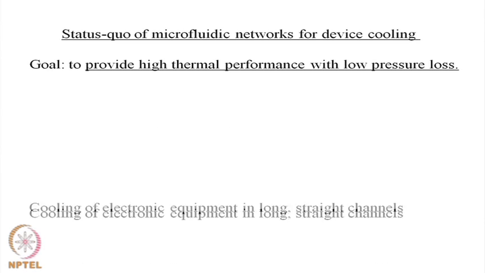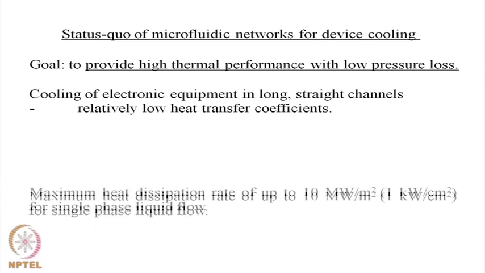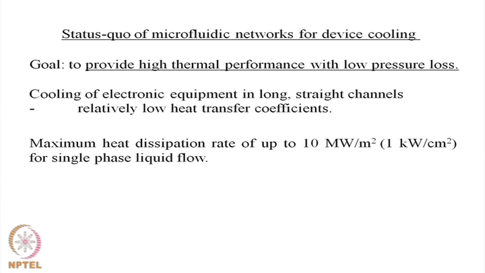So we are going to look at the status of microfluidic networks for device cooling. Obviously, what we would like to do is to provide high thermal performance with low pressure loss. One such requirement is the cooling of electronic components, and mostly long straight channels are used.